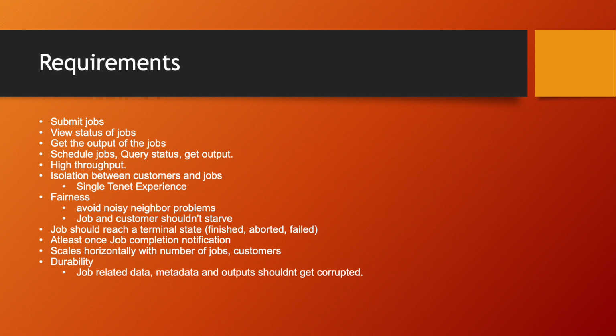We should guarantee at least once job execution. The system overall should scale horizontally with number of jobs and customers. And in terms of data durability, job-related data, metadata, and output should not get corrupted. So given these requirements, I think we are ready to put a high-level design and then discuss further.